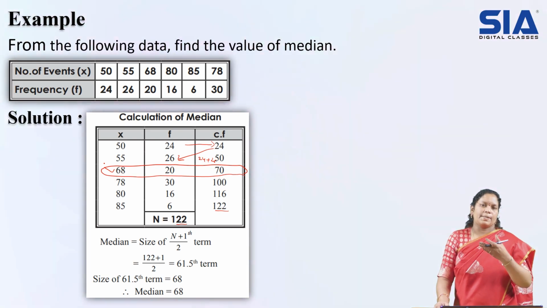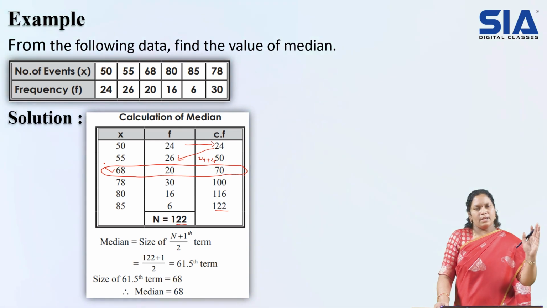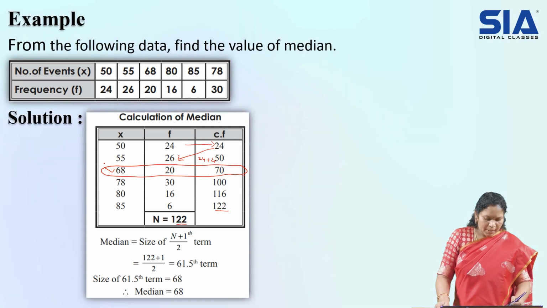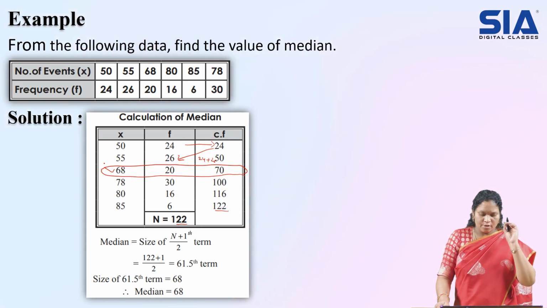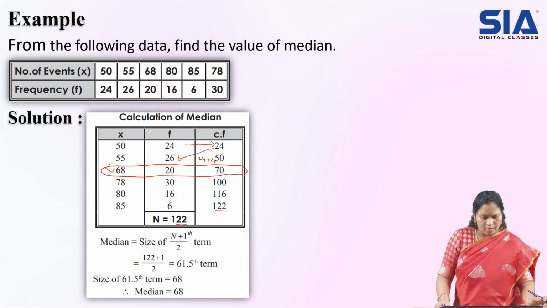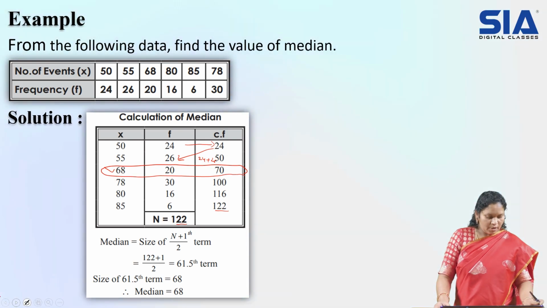The marks are assigned to that particular person. So here the median becomes 68, not the frequency, not the cumulative frequency. So 68 becomes the median. That's how we find the median for discrete data.